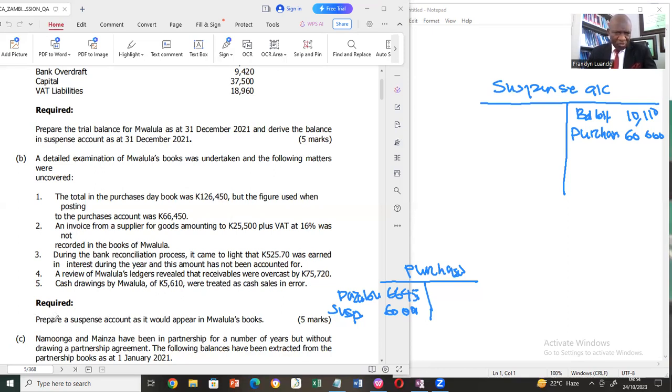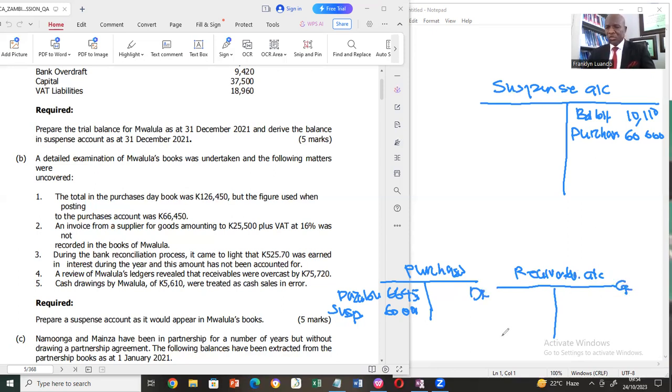A review of Mwalula's ledger revealed that receivables were overcast by 75,720. So overcast is an error which affects the trial balance. So we check here. This is receivables. Overcast simply means the debit side is more because receivables is an asset.